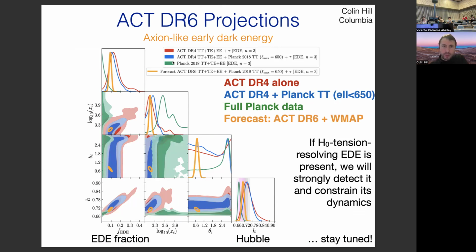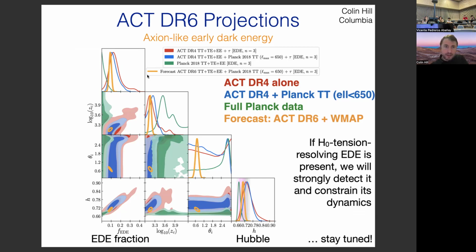The red, blue, and green are results from real data. One of the reasons that this model attracted some attention was that in our previous data from ACT, data release 4, there was a mild hint of this new stuff being present. This top left panel is the constraint on this FEDE parameter, and if you detect a value away from 0, that's telling you that the data are suggesting that this early dark energy was present.